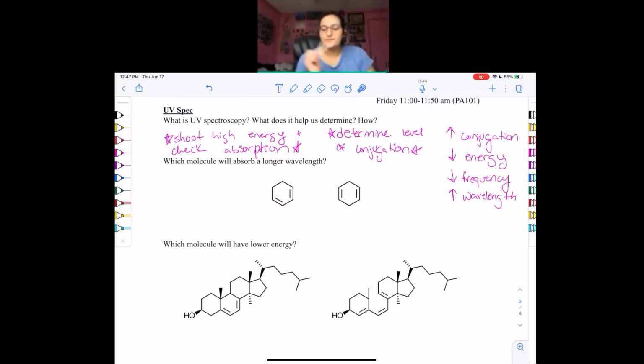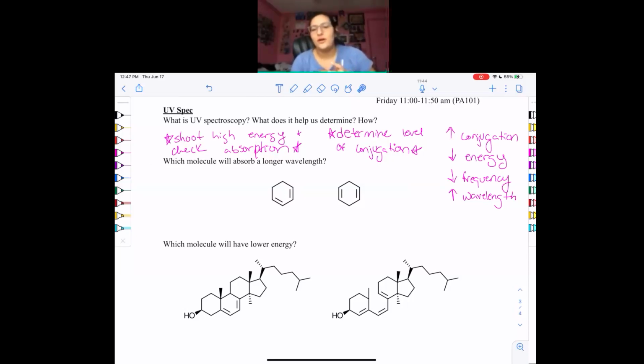So basically, in UV spectroscopy we shoot a high energy beam and our molecule is going to absorb that beam, and then we're going to check the absorption. All the absorption is going to tell us is the level of conjugation in the molecule, aka how many double bonds we have in conjugation.